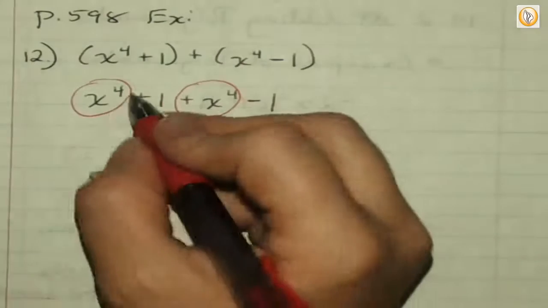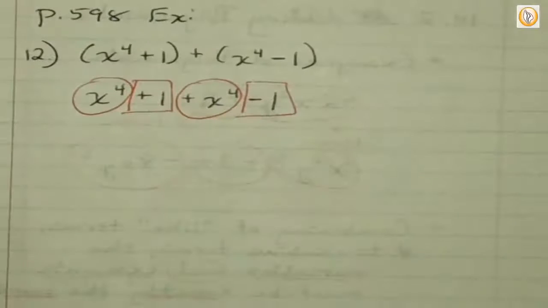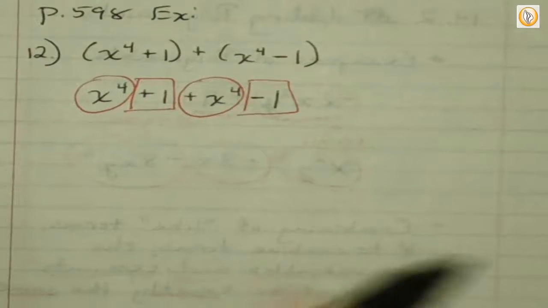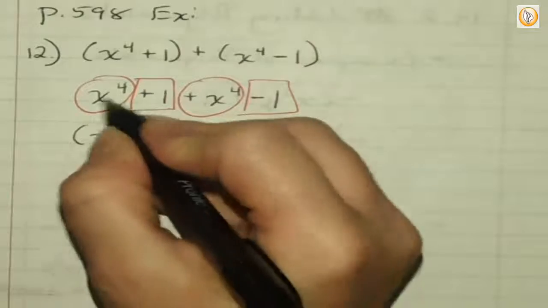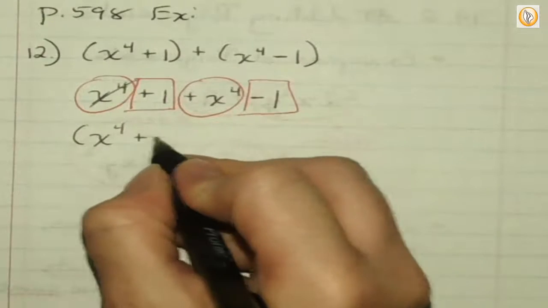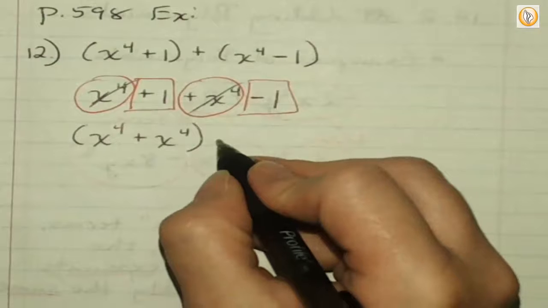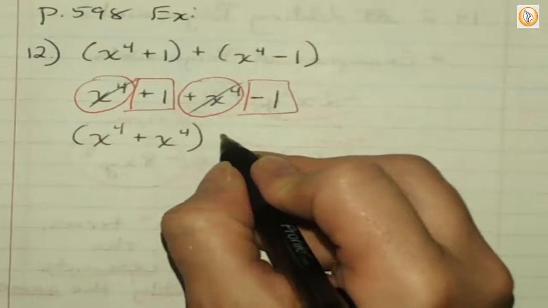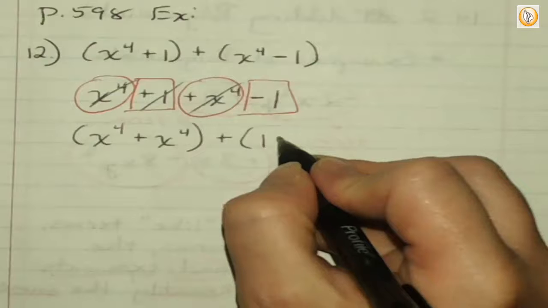Positive one and negative one. And I'm putting that in a box because those are separate. Now I'm rewriting these. It's called grouping. And I'm combining like terms. Michaela, what do I put in between the parentheses? A plus sign. And I'm crossing these out as I'm writing them.